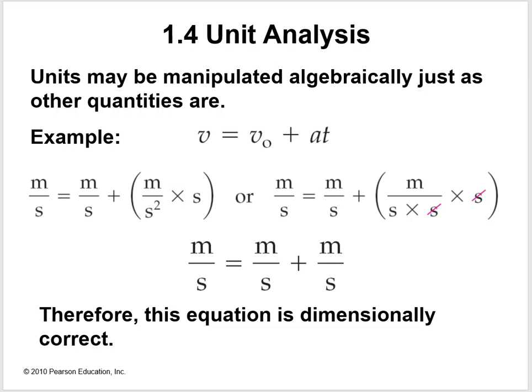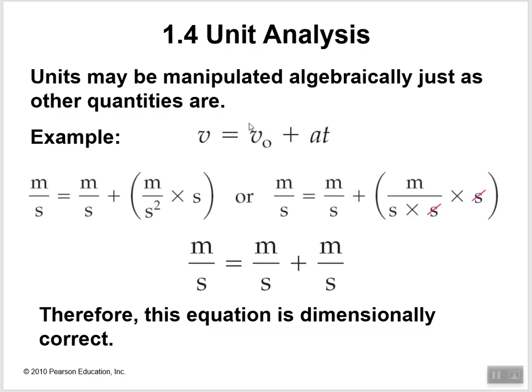Unit analysis. Units may be manipulated algebraically just as other quantities are. So, for example here, in this example, they talk about velocity on the left-hand side has to be equal.